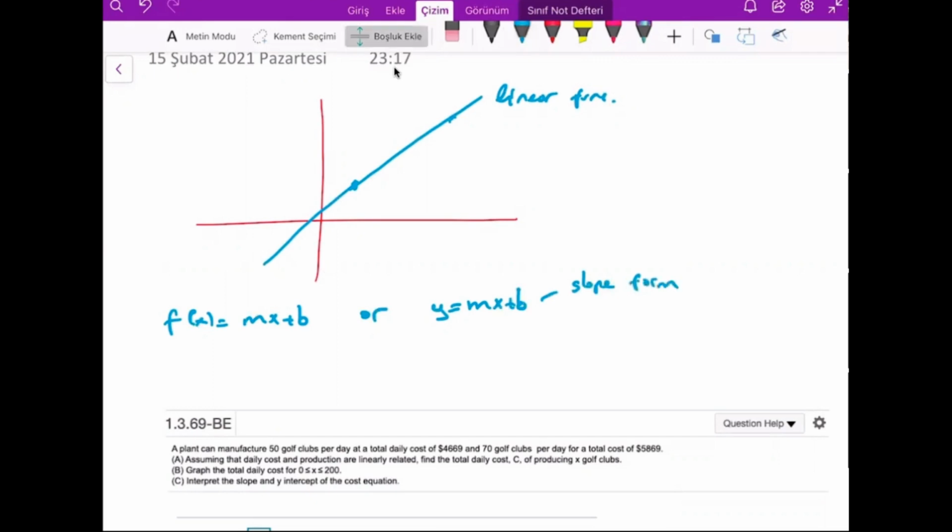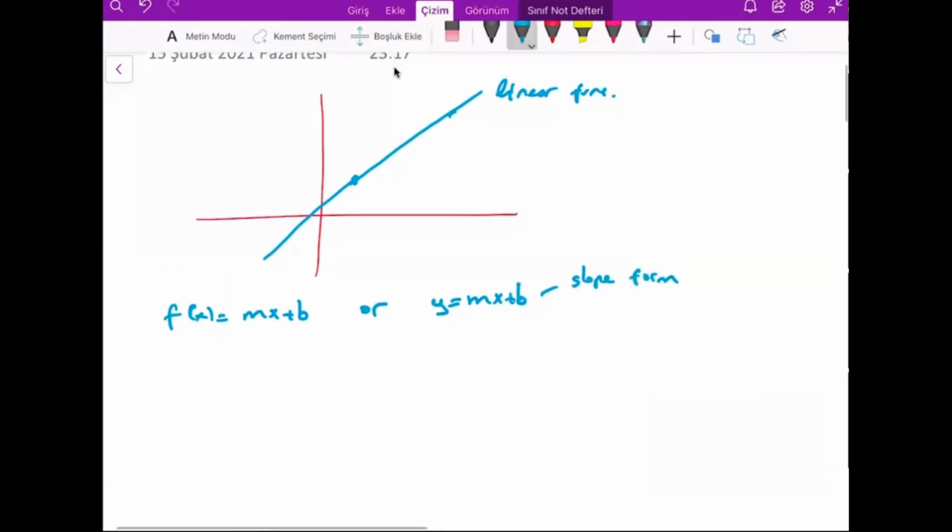But we have another form of the line. Let's discuss quickly. This point is, for example, (x1, y1), and this point is (x2, y2). This is x1, this is x2, this value is y1, this value is y2.